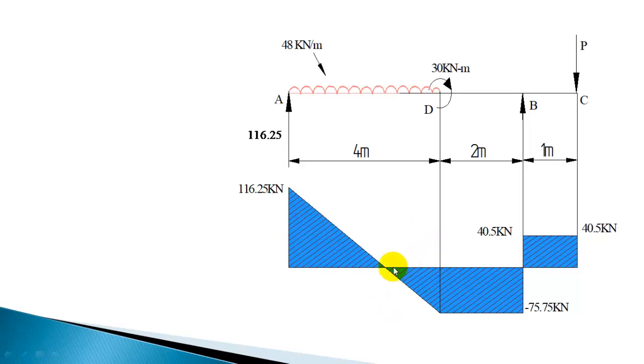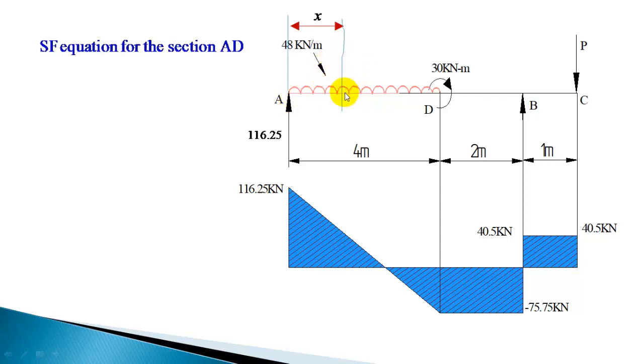To locate this point, you can use the similar triangle method, which I explained in one of the earlier classes, but here I am going for writing the equation.